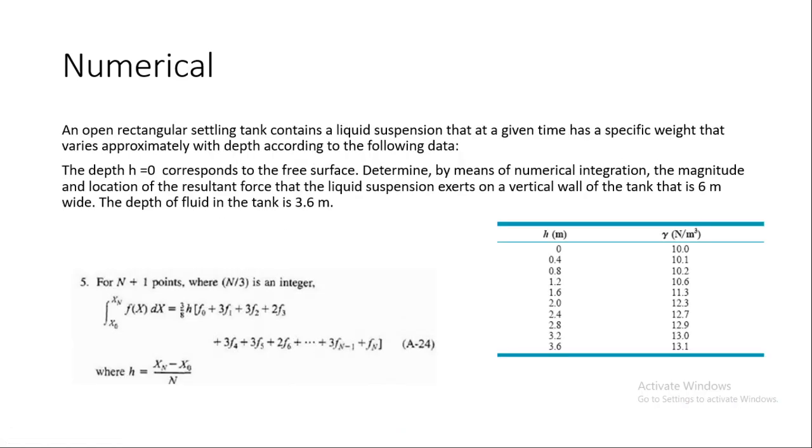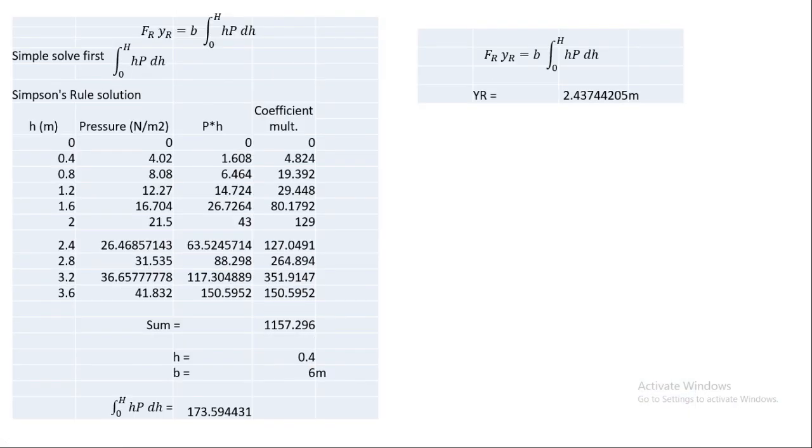Then I have to just multiply it with the b value and divide it by the FR value. By doing that, I can easily determine the value of the position of the resultant force.